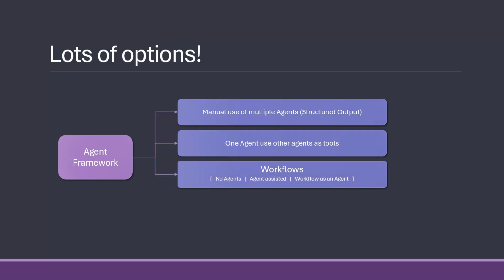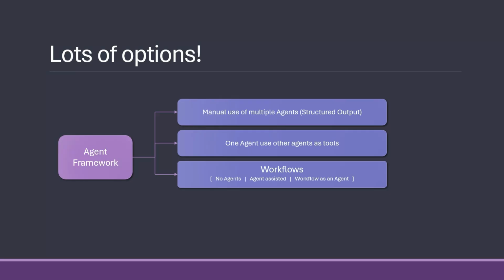Then we have the workflows, where we can build up a workflow in code. And as I mentioned, workflows don't need to have agents involved. You could just make a workflow that took a string, uppercased it, and then lowercased it, and then reversed it, for example.